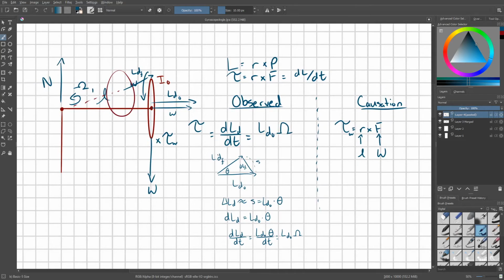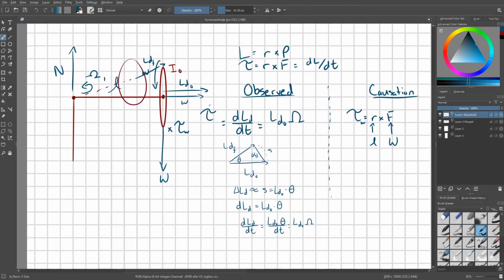Interestingly, this T_W acts perpendicularly to L_D naught, as in, it would purely change the direction and not the magnitude of L_D naught. So that's where we're getting our torque from. That's what's changing the direction of L, which we said was our tool to track the location of the wheel, which is causing the wheel to rotate through space.